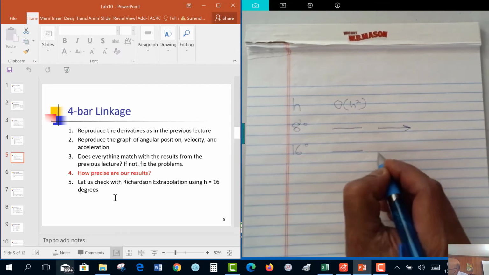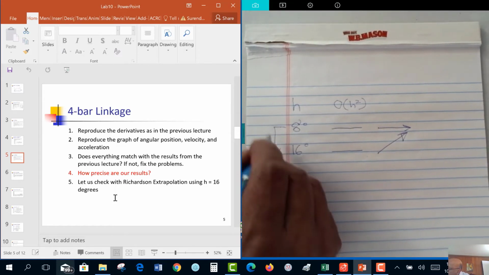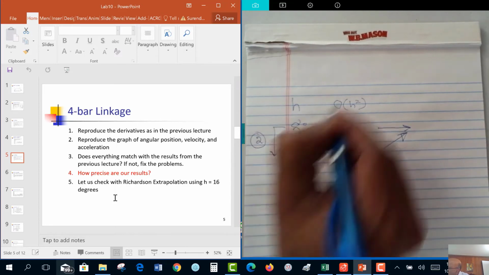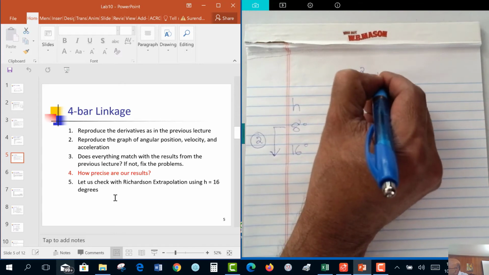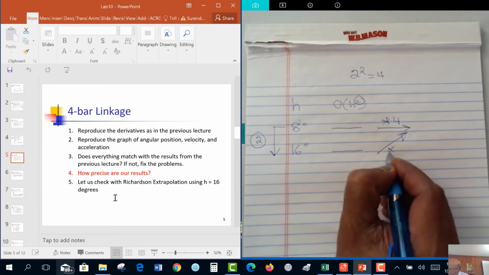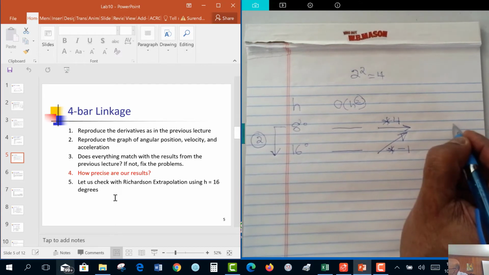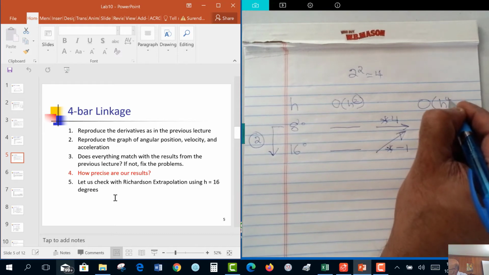Because we have order H squared and this ratio is 2, our weight factor would be 2 squared or 4. So we are going to multiply this by 4, multiply this by -1, and get a new value, which is going to be order H to the power 4.